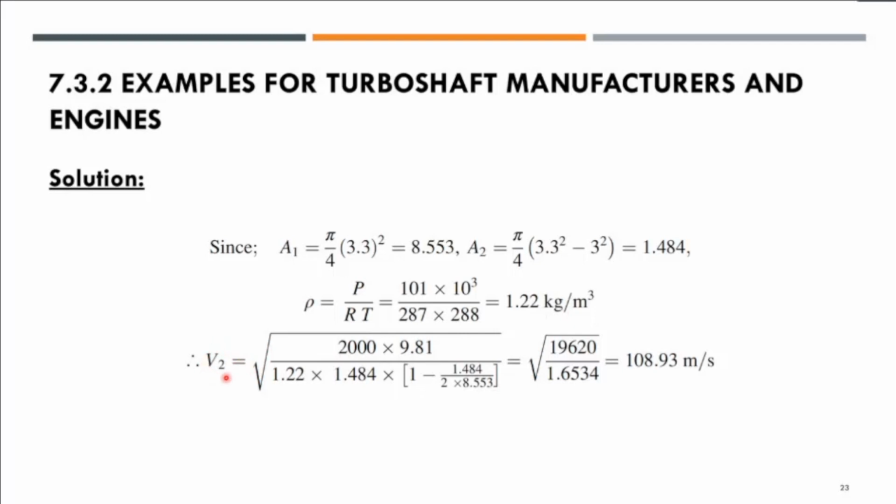Finally, you get the velocity at the exit of the control volume at state 2 to be 108.93 meters per second. That is quite simple to apply the equation to the helicopter application.